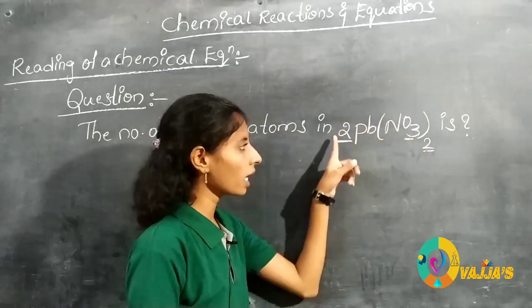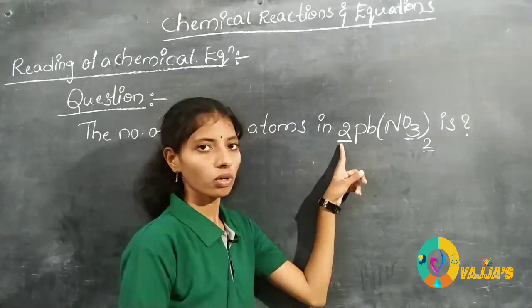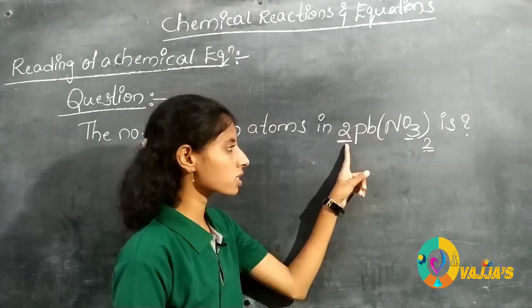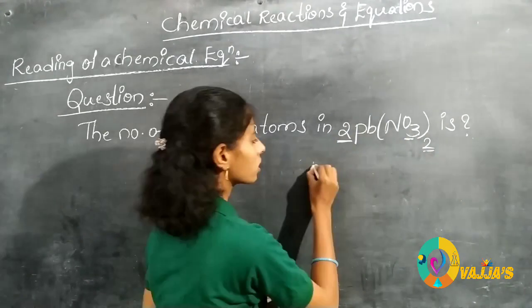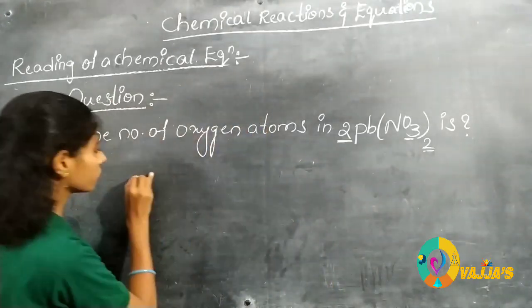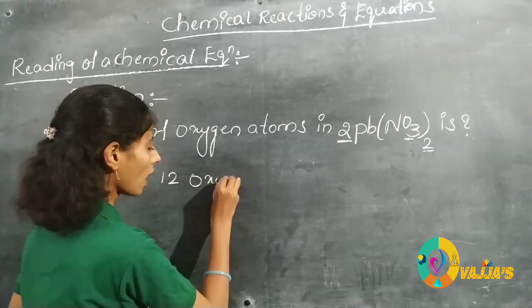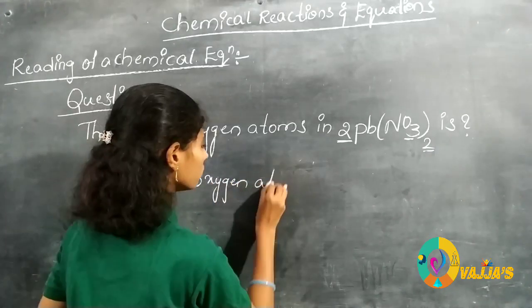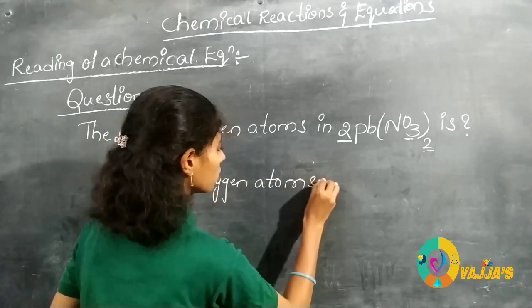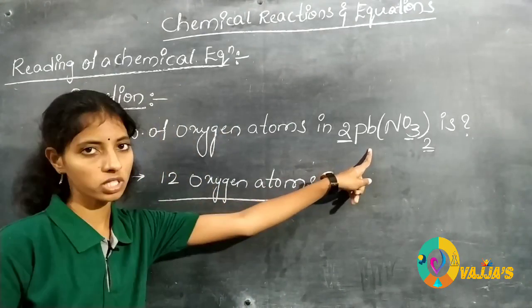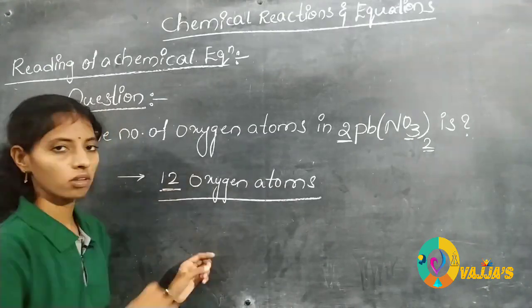After that we have to multiply with this number. Now this is 3 2s are 6, again 6 2s are 12. So this indicates we have 12 oxygen atoms. So in this molecule the total number of oxygen atoms is 12.